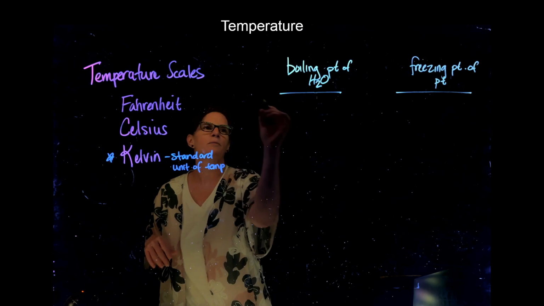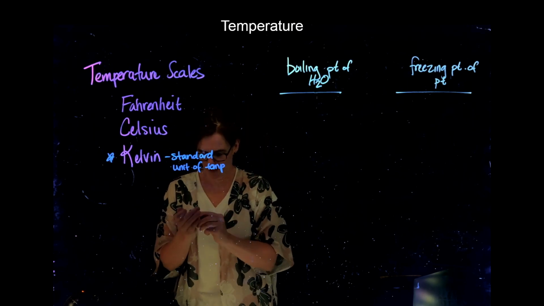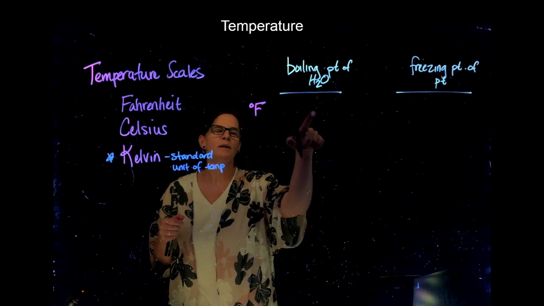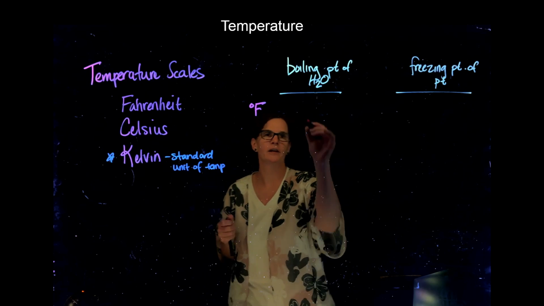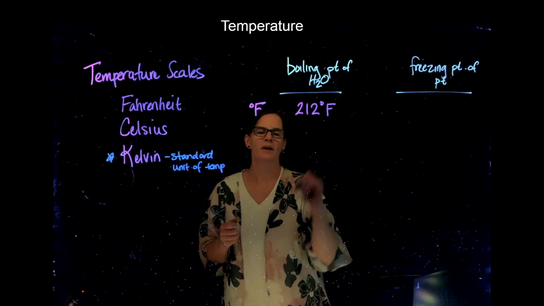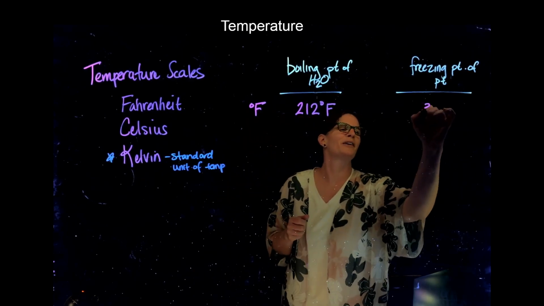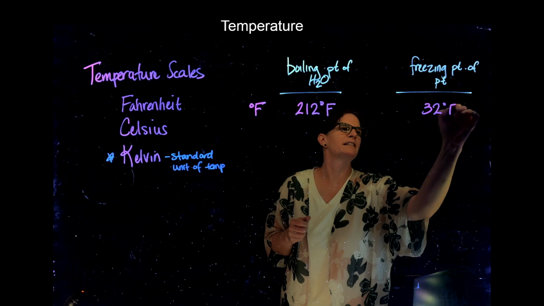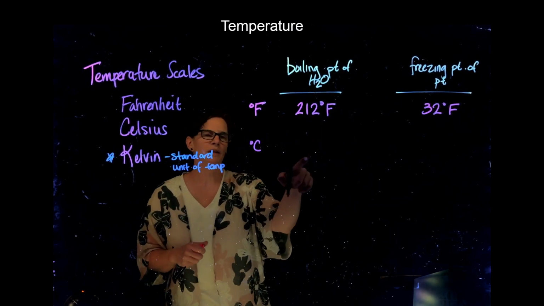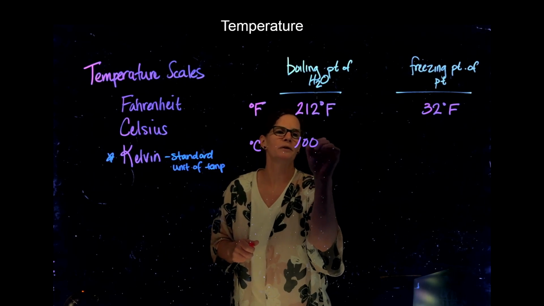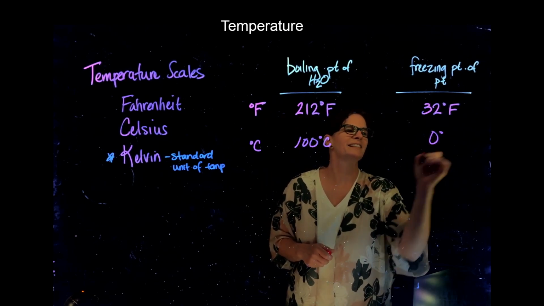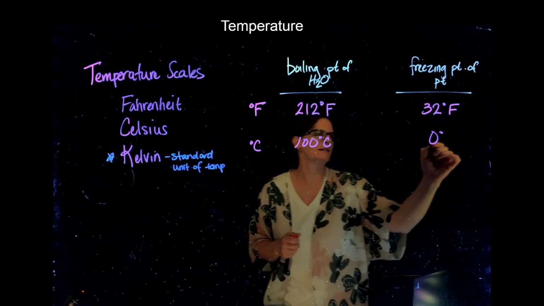So I'm just going to put, for degrees Fahrenheit, the boiling point of water is 212 degrees Fahrenheit. The freezing point of water is 32 degrees Fahrenheit. For degrees Celsius, the boiling point of water is 100 degrees Celsius, and the freezing point of water is 0 degrees Celsius.